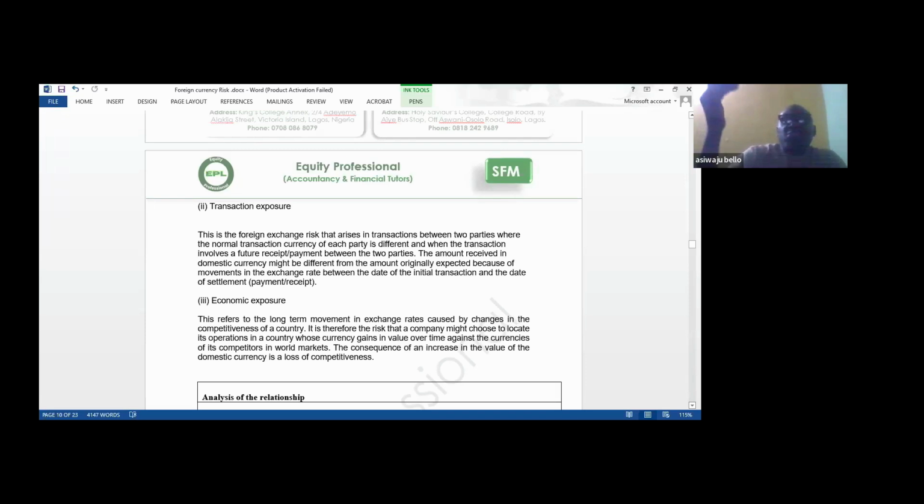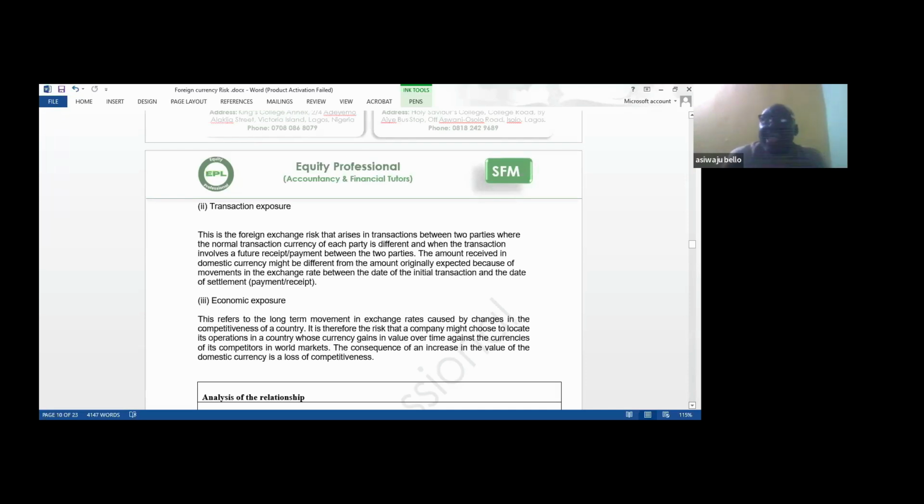The amount received or paid in domestic currency might be different from the amount originally expected because of fluctuation in exchange rates between the dates of the initial transaction and the date of settlement.